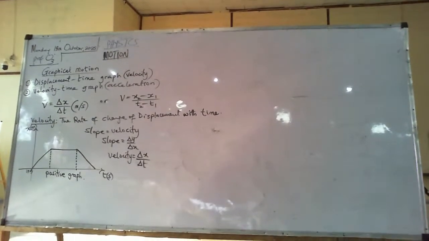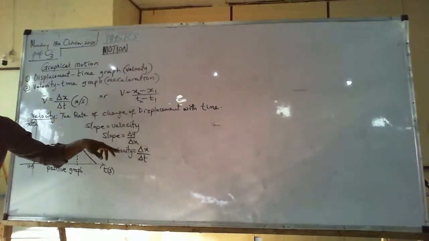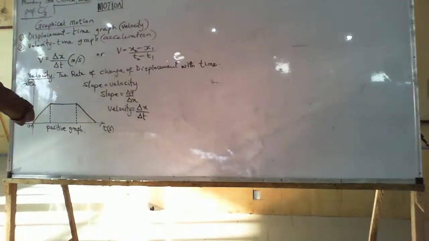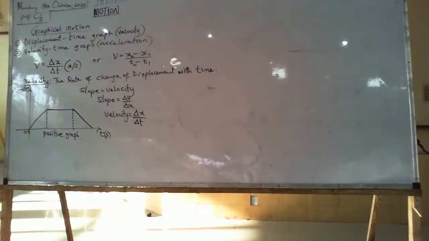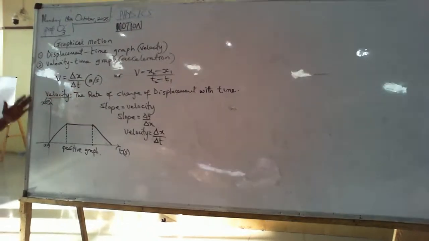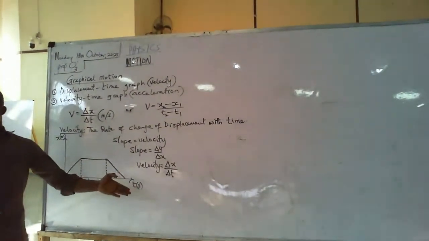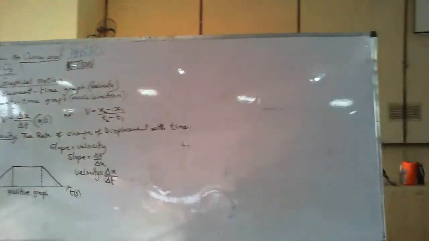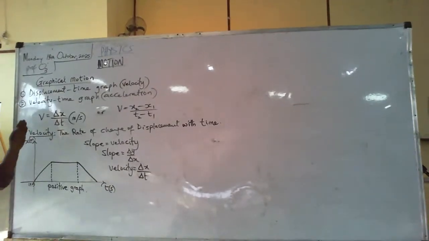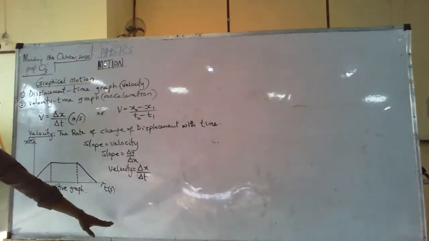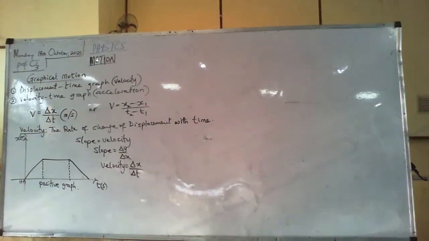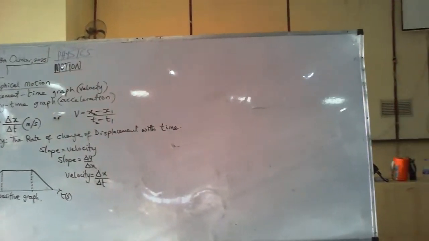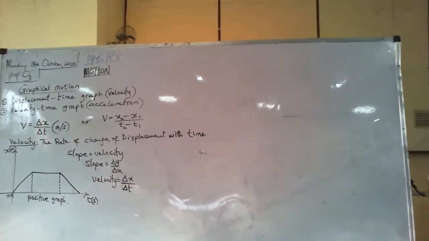Is that clear? So when you're saying slope, dy/dx, y2 minus y1 over x2 minus x1, it is also representing velocity, which means change in displacement, which is vertical, over change in time. So the slope of a graph of displacement versus time is a typical velocity. So jot it down.